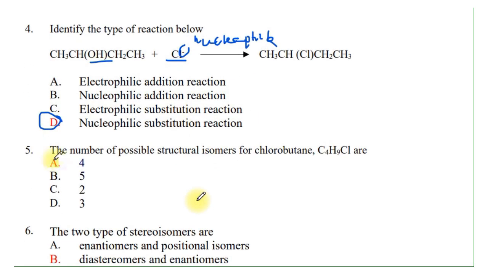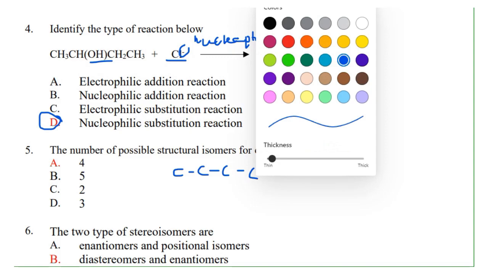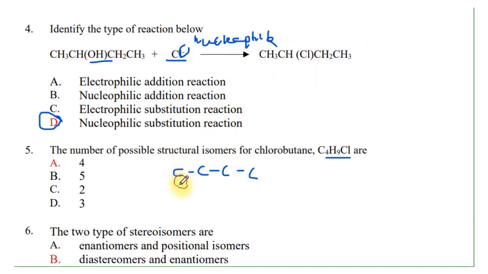Question number 5. The number of possible structural isomers for chlorobutane, C4. If I try to draw C4 with a straight chain, the position of the chlorine can be C1 or C2, so there are 2 possibilities for C4H9Cl with straight chain butane.